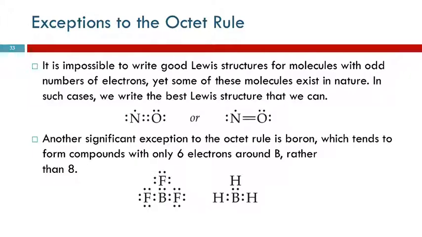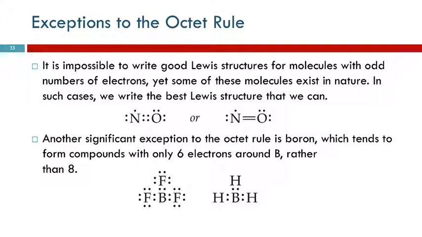So there are structures that have an odd number of electrons. They do not satisfy the octet rule, but they can still exist. Another thing that can happen is you can have an atom that is satisfied with fewer than 8 electrons, other than hydrogen. Here's an example, boron trifluoride and boron trihydride. Boron is one of the smaller elements, right?